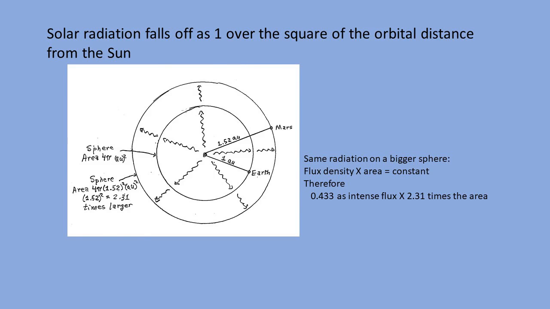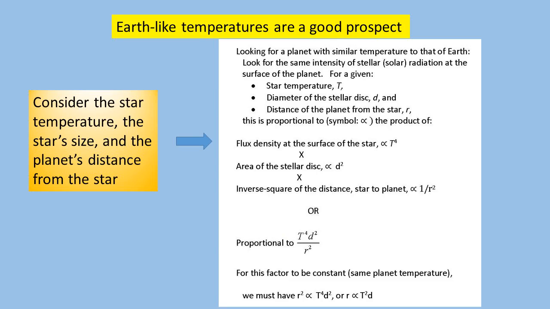If you consider different distances for the planet from the sun, you get a fall off of the radiation as 1 over the square of the radius. So if you're 3 times as far away, you get 1/9 as much radiation. The other thing is when you look at the total energy balance, the final temperature of the planet is really just how it exchanges radiation. There's no way to lose heat any other way.